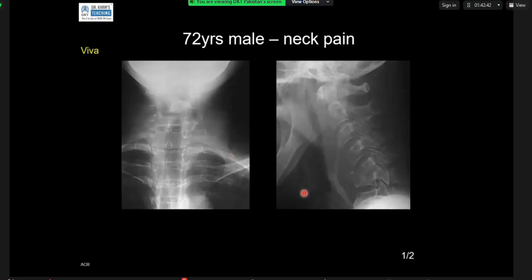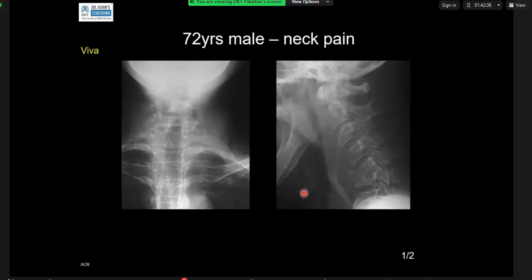So provided frontal projection and lateral projection of a cervical spine of a 72-year-old male patient with neck pain. The striking abnormality I can see is at the C5, C6 area. There is a reduced intervertebral disc height and partial collapse of the C5 vertebra, and mild lateral listhesis with widening of the prevertebral soft tissue at this C5, C6 location, also extending up to the C4 to C7 levels.